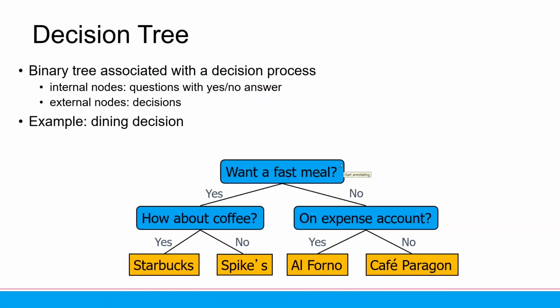Okay. Do you want a fast meal? Maybe do you want to have fast food, very quick food? Yes. Okay. If it is yes, then there will be a question again. How about coffee? Okay. Yes. Then you can go to Starbucks.